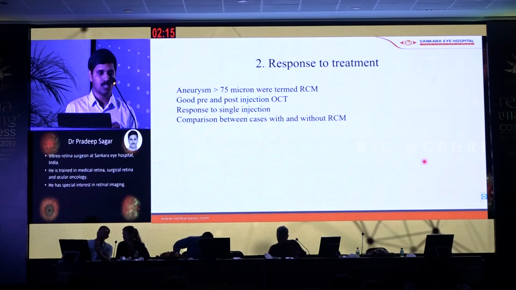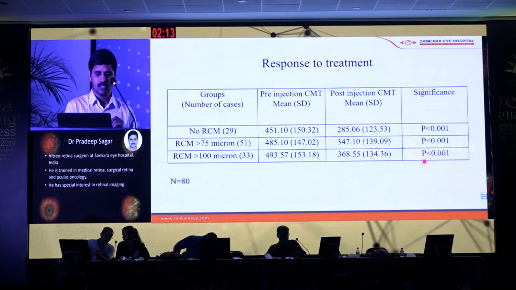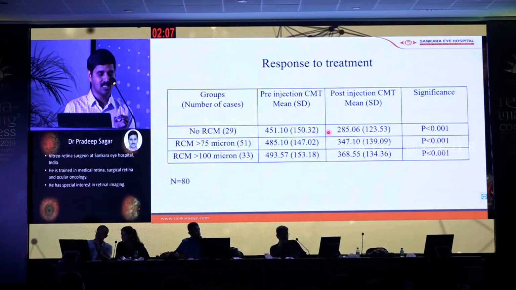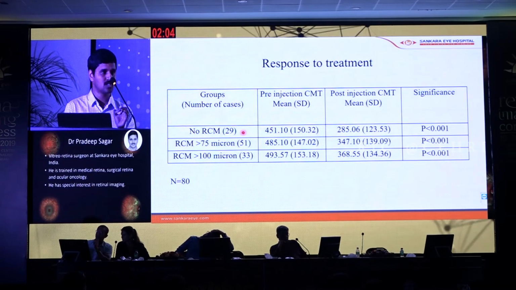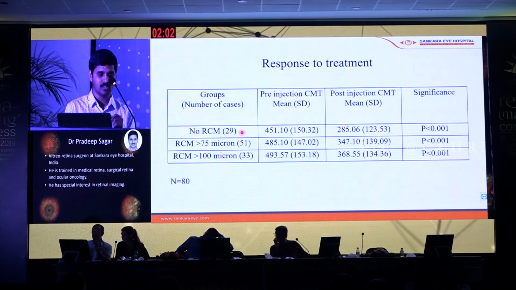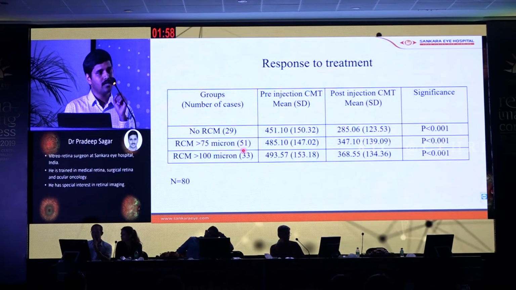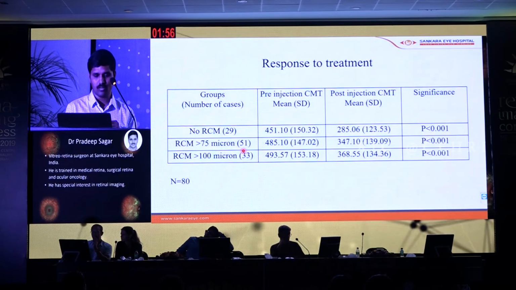So then we compared the 2 groups. What we could see was, when compared to the pre-injection CMT and the post-injection CMT, the reduction was statistically significant in all the groups: cases without a capillary macroaneurysm, cases with RCM of more than 75 micron, and RCM more than 100 micron.